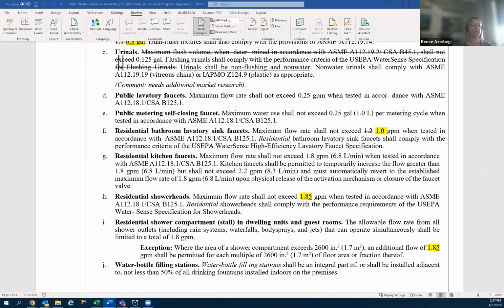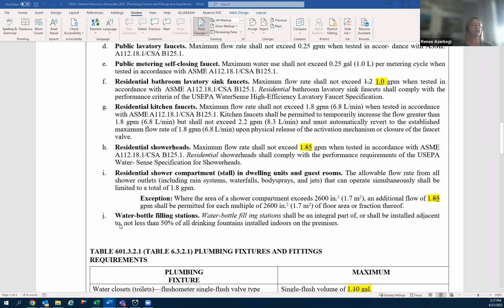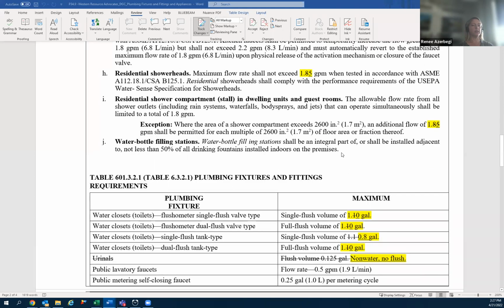But on the water bottle refilling stations, item J, I'd kind of prefer those to be at every single drinking fountain, because that's where we're going. Everybody needs to be responsible and bring their water bottle with them, and it would encourage more of that if they were everywhere. So those are my two comments.